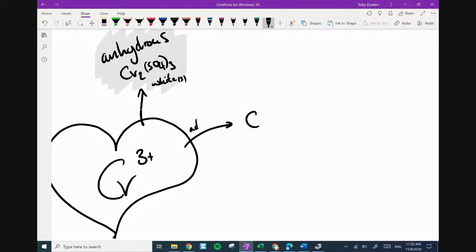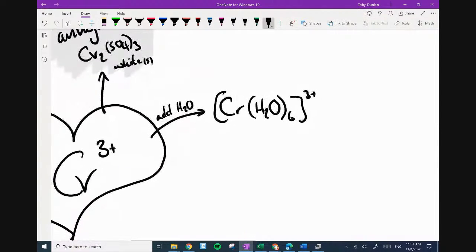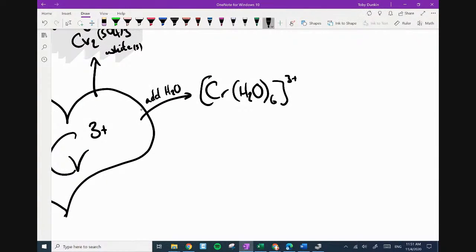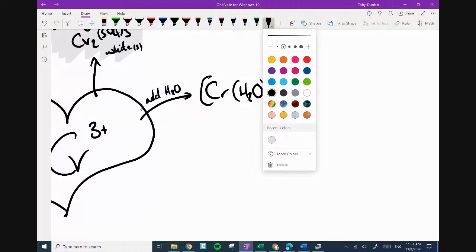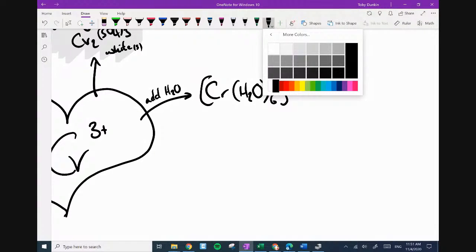I'm just going to add H2O, and the salt dissolves, and I now form the hexaaqua chromium 3 plus complex. Hexaaqua chromium 3 plus. And it does indeed have a color, and its color is violet. Yes, that's right, it's violet. I'm sorry about that, guys.